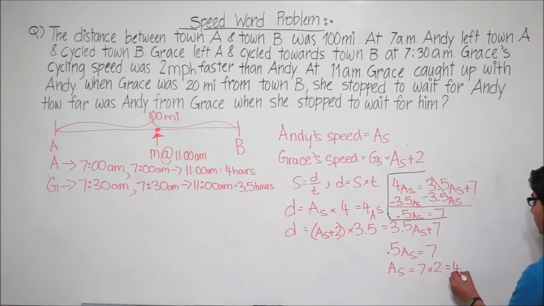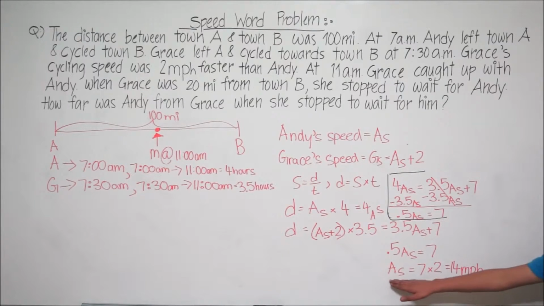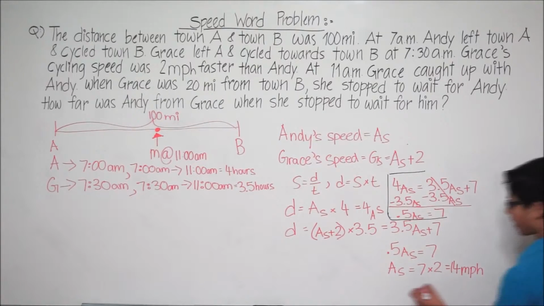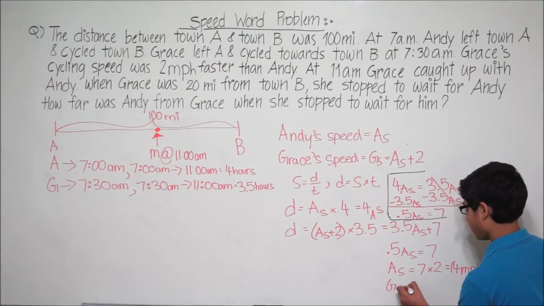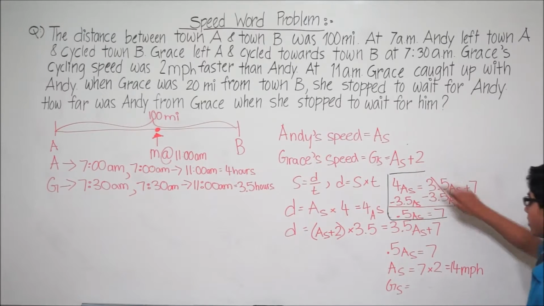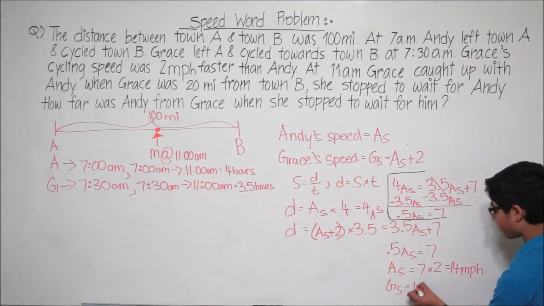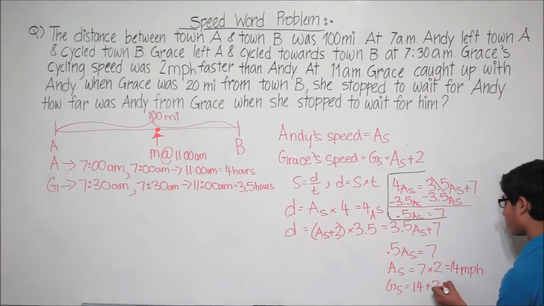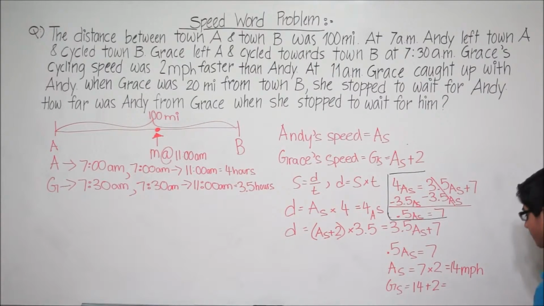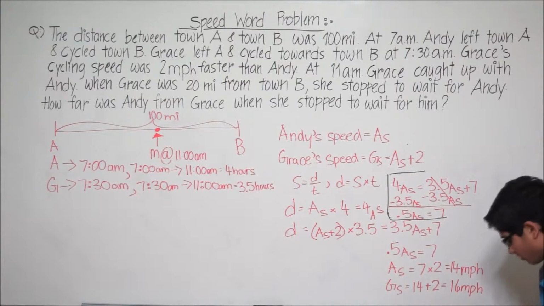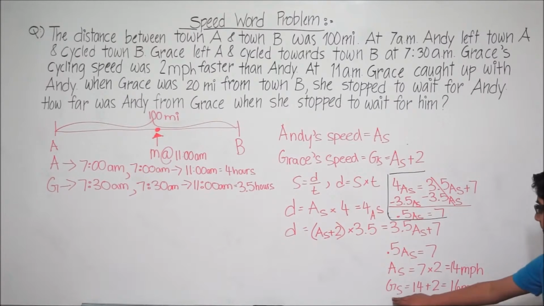This is equal to 14 miles per hour. Because Andy's speed is equal to 14 miles per hour. Now let's find Grace's speed. G for Grace, S for speed, is equal to Andy's speed plus 2, or 14 miles per hour plus 2, which is equal to 16 miles per hour. So, Grace's speed is equal to 16 miles per hour.